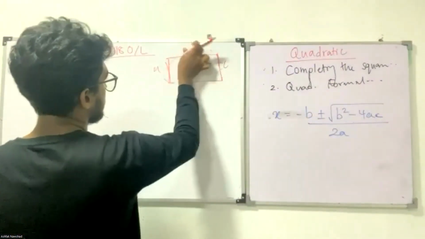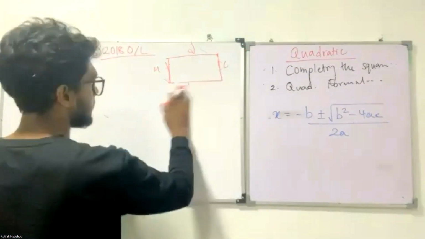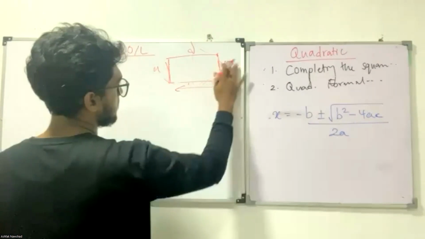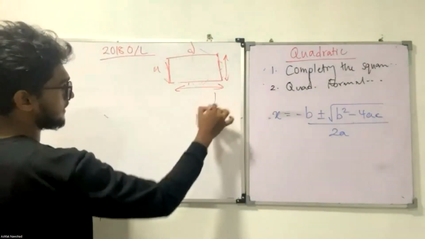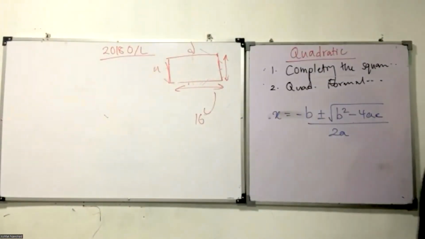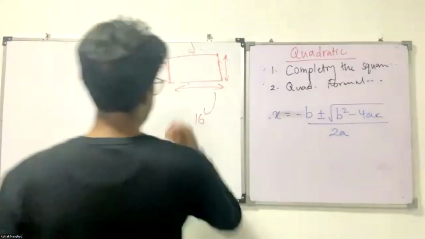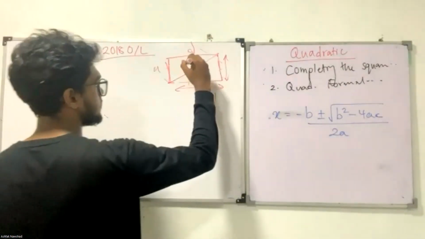So they say the sum of the adjacent sides is 16. For example, this side plus this side. The sum of these lengths is 16. And the length of a diagonal, you know what a diagonal is, right? This is a diagonal, the line joining 2 opposite vertices.